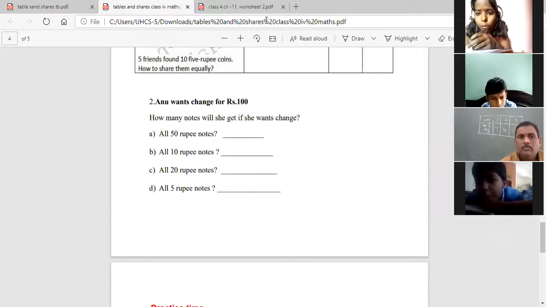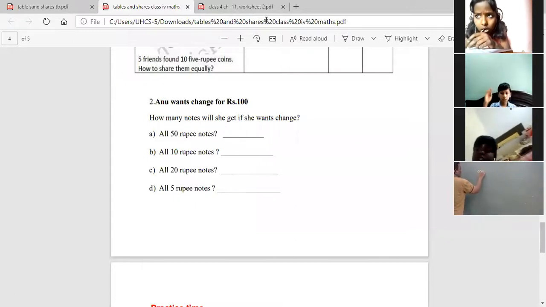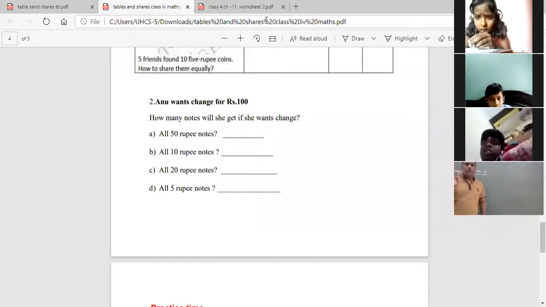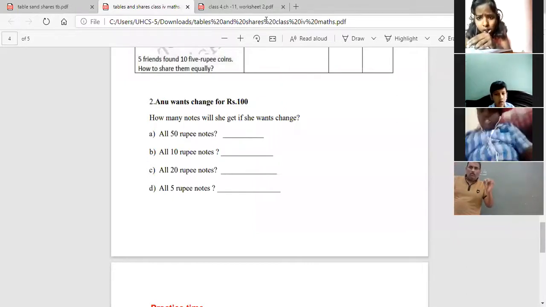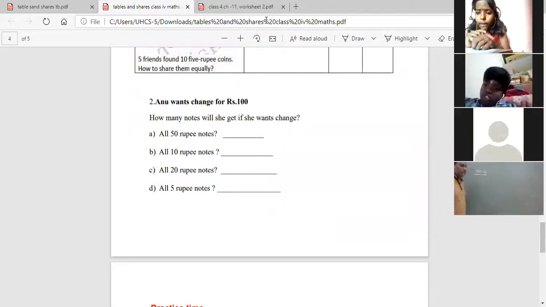The total amount is 100 rupees. How many notes will she get if she wants change?